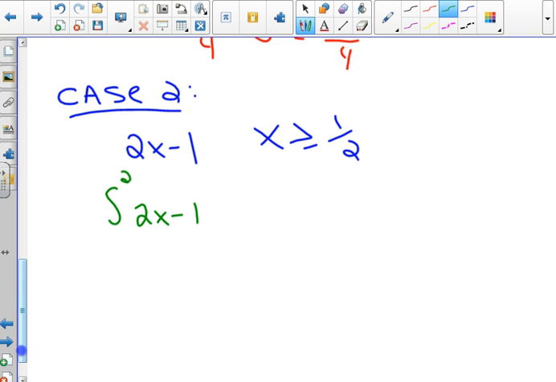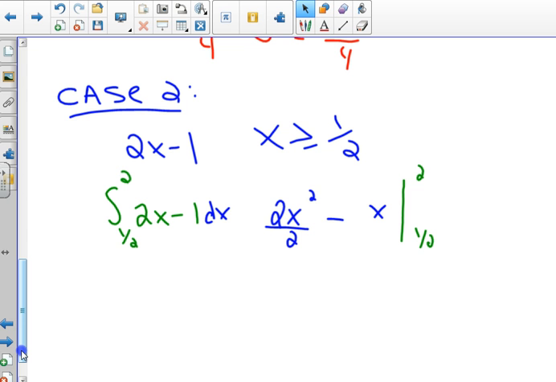And the 1/2 is going to be down here. So we're going to integrate first, and then plug everything in. So 2x squared, I wish I'd written my dx. Okay, make sure we're going from 2 to 1/2. And let's see what you guys get. Go ahead and plug that in.